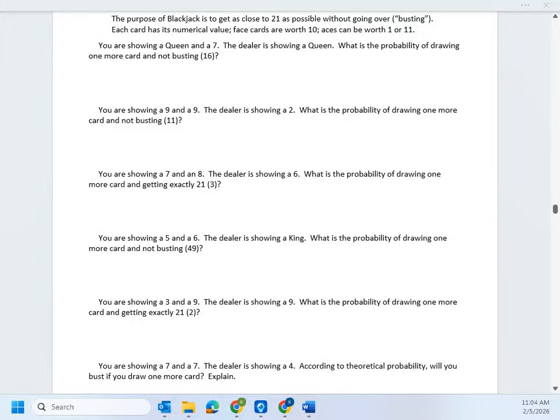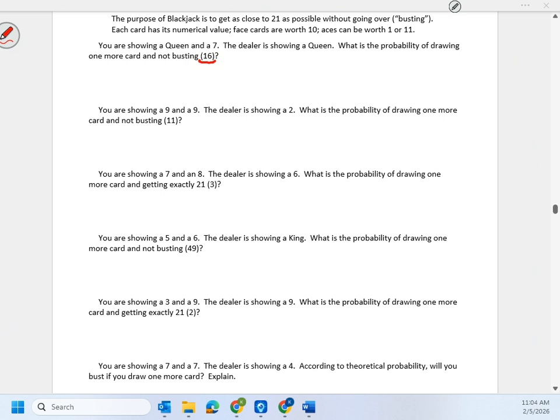You are showing a queen and a 7. The dealer is showing a queen. What is the probability of drawing one more card and not busting? Now, to make this a little easier for us, in parentheses, he's got a number. What do you think that number means?